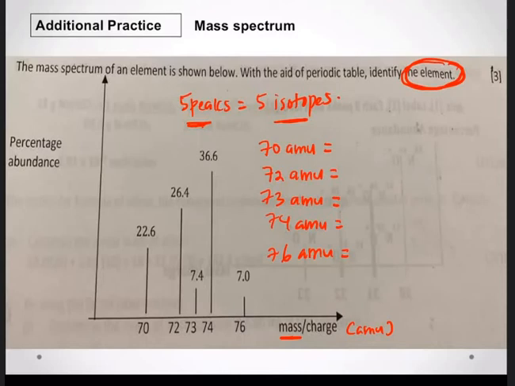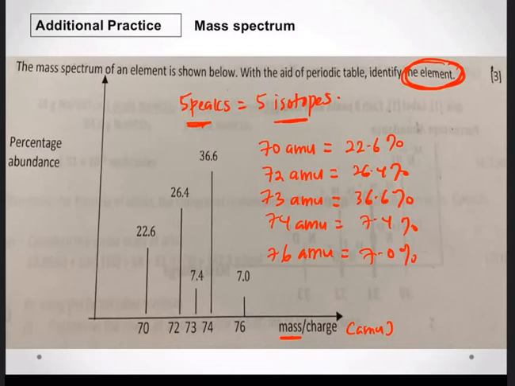Isotopes with a mass of 74. So kat sini you all boleh tulis lah. This is 22.6%. This is 26.4%. 36.6. This is 7.4 and last but not least it is 7.0. Okay, so persoalan dia macam mana kita nak identify the element? Mass.